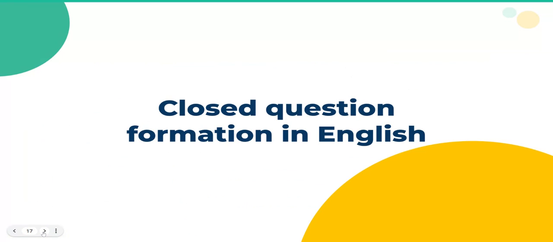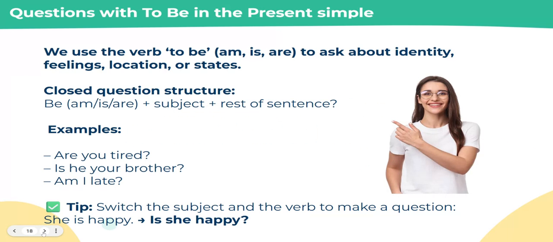Okay, well, we're going to have a look at how to construct some simple closed questions now in English. So our closed question formation in English. Let's start with the verb to be. Questions with to be in the present simple.